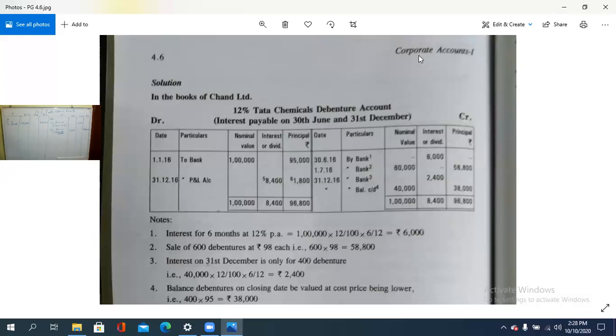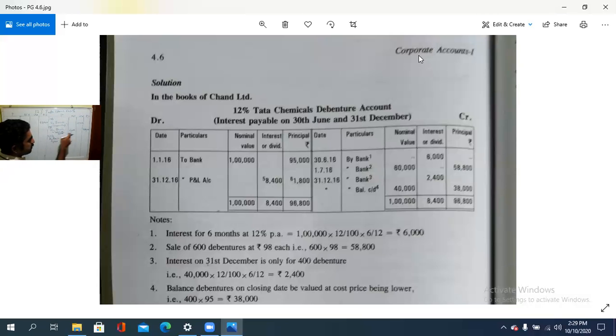Then, lastly, what is this? Date is 1/7/16. This is for one year only, isn't it? So what is next? Yes, 31/12/16. What is there? Next interest. So by bank, how much is the interest? 600 were sold. So how much is left? 400. That 400, so it is 40,000, isn't it? Here it was 1 lakh.